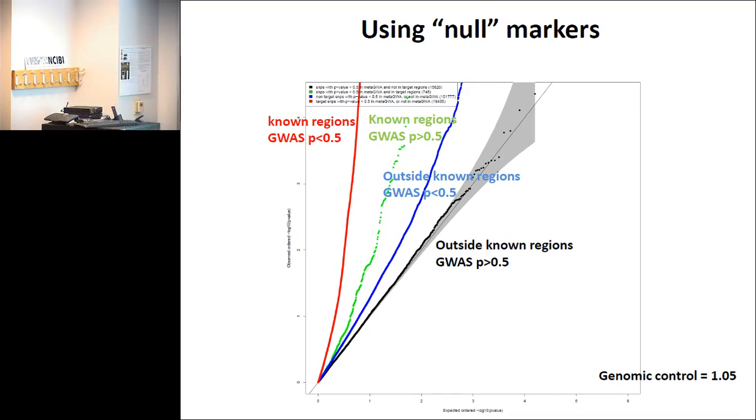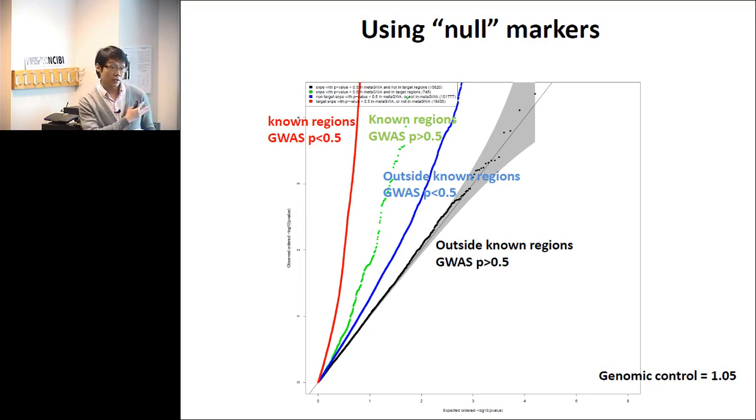For those genetic variants that are within or outside known regions, we further split them into those with GWAS p-value greater than or less than 0.5. Now we can see that the genetic variants outside the known regions and with GWAS p-value greater than 0.5 lie within the 95% confidence interval of what we would expect.